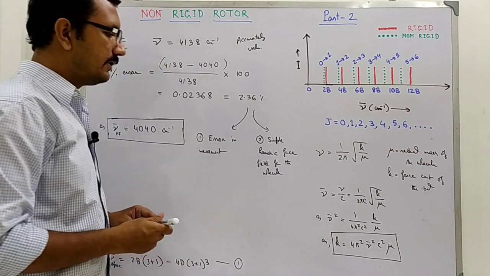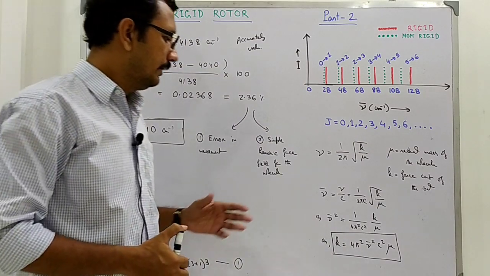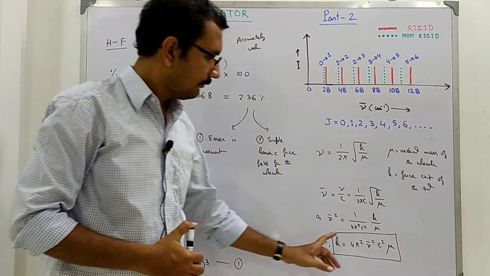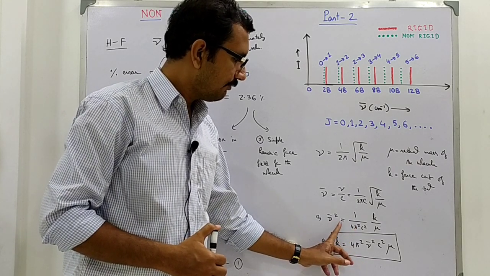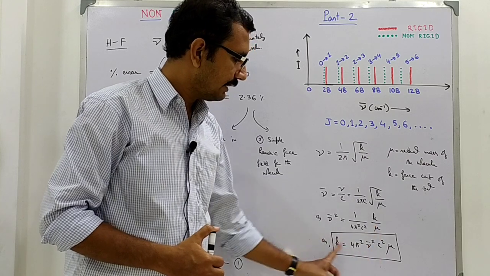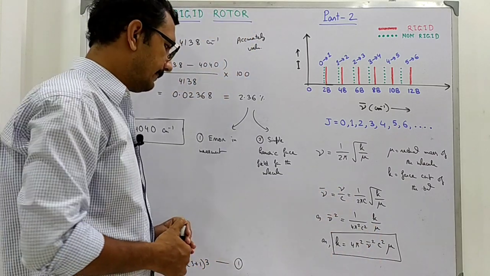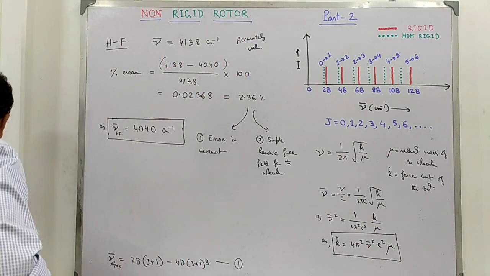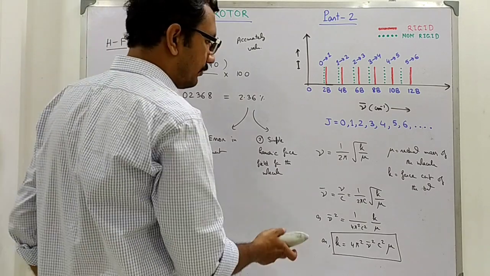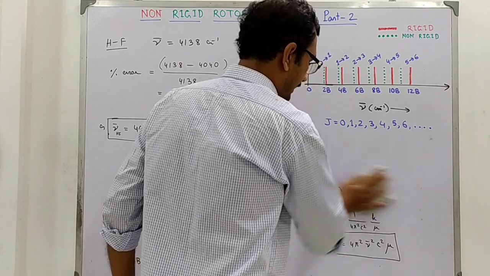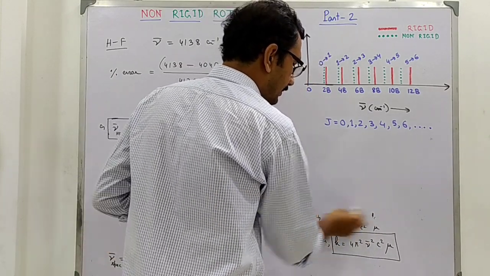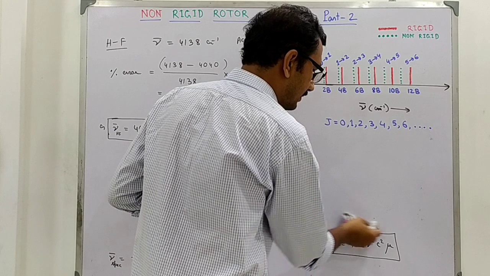This is the expression of the force constant of the molecule. Now, we intend to determine the value of the force constant, which is another necessary piece of information that can be obtained from the rotational spectra of a non-rigid rotor.